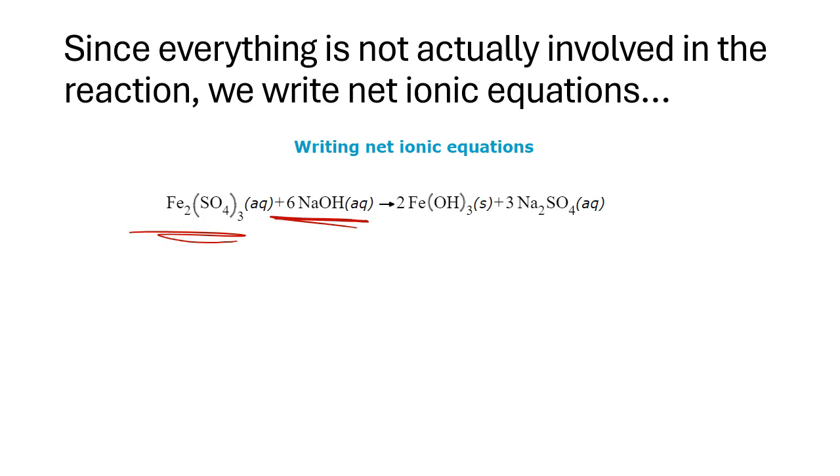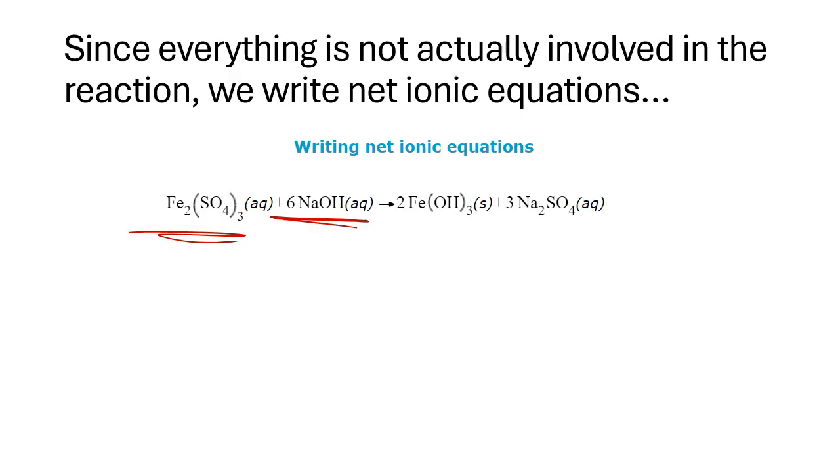And two of them bond together and form a precipitate, meaning they form a solid. Like you have two clear liquids and something solid comes out. Those are the only things that really react in the reaction. So to write a net ionic equation, we start at whatever solid is formed and write what made it, because everything else doesn't matter.